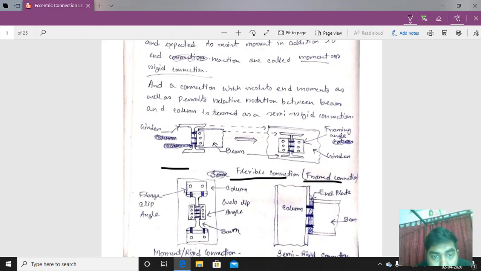Only two angle sections are used to connect the beam members. The load may act here, so the end reactions are only here. This is called a flexible connection.